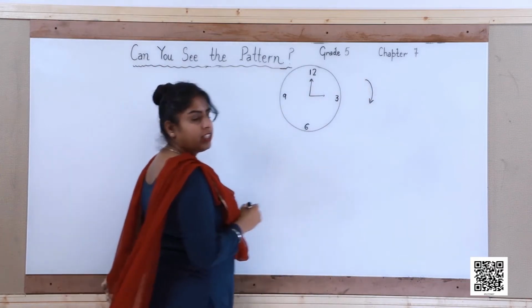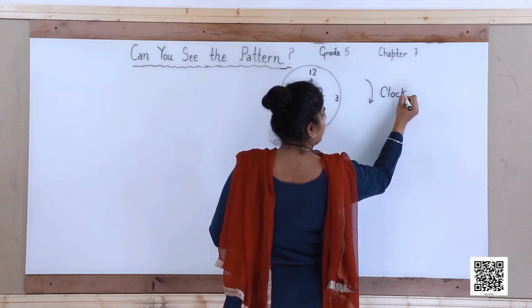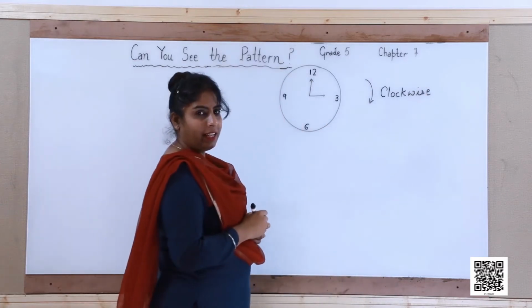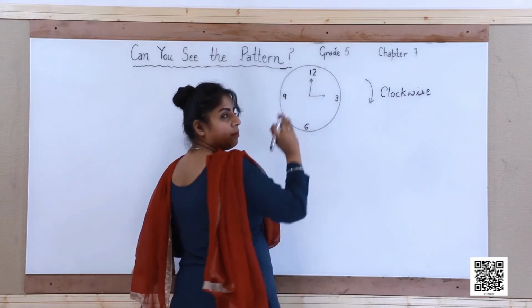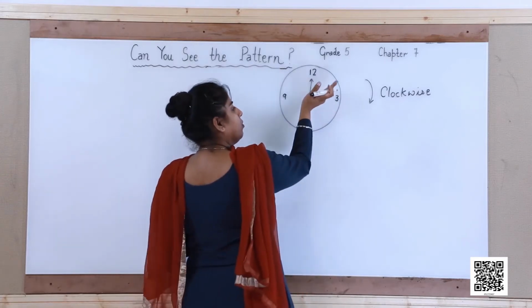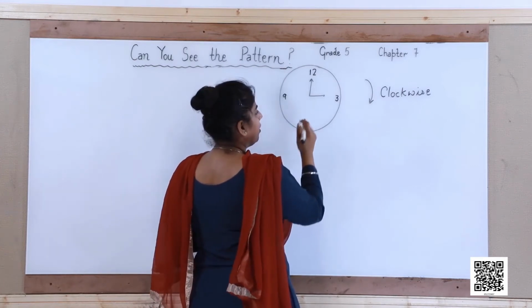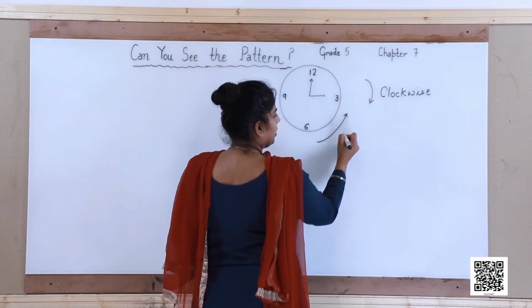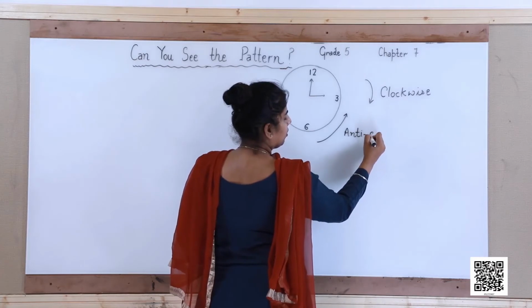So, this direction is called clockwise. What is it? Clockwise. Okay. Now, if these needles, suppose, move this side somehow, by default or by defect, what will we say? It is moving in this direction, which is called anti-clockwise.